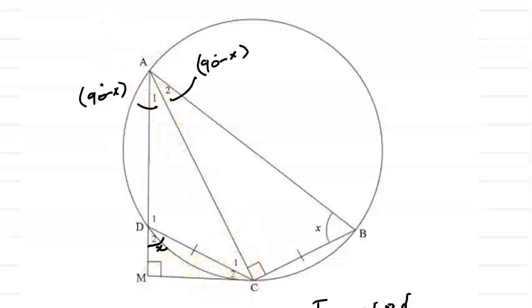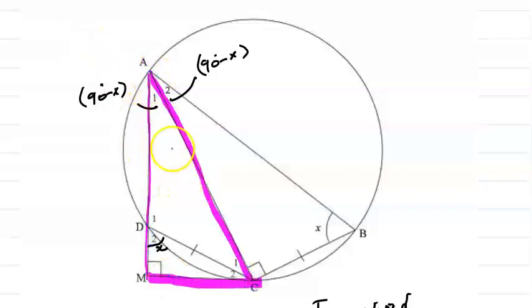If I look at this particular triangle here, which is AMC, what do you notice? You will be able to see that if that is 90 minus X, and that is 90 degrees, then MCA, or you can say ACM, or C1 plus C2, that whole angle is going to be equal to X.